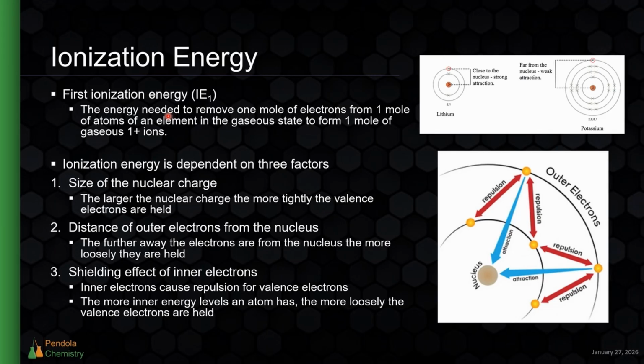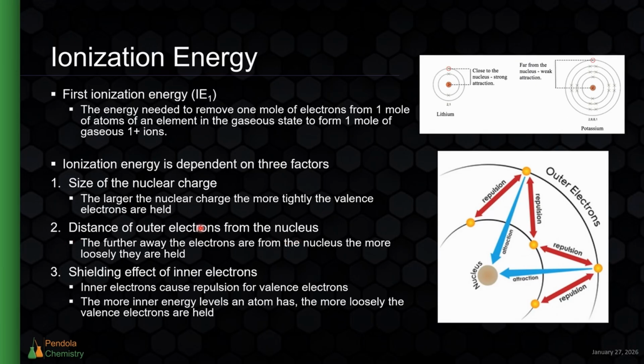This is a definition we learned earlier in the year when we had the discussion about ionization energy. Ionization energy is mainly dependent, like a lot of these things, like atomic radius, on the 3 factors we discussed earlier. The first is the size of the nuclear charge, meaning the larger the nuclear charge, the more tightly held the valence electrons are. So the more protons we have in the nucleus, the more attracted the outer electrons are to the nucleus.